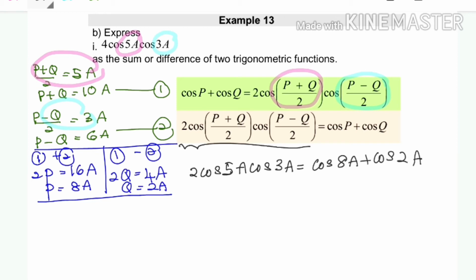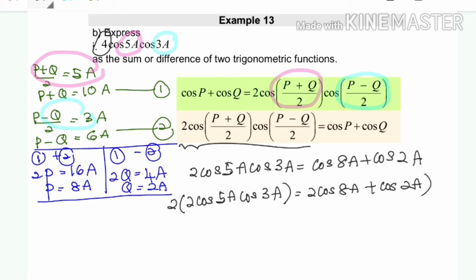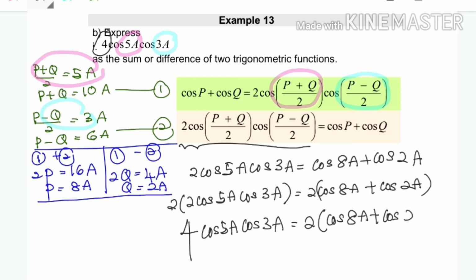The question asks for the coefficient 4, which means we have to multiply by 2 on both sides. Next, 2 times 2 cos 5a cos 3a equals 2 times (cos 8a plus cos 2a). We can say that 2 times 2 equals 4, so 4 cos 5a cos 3a equals 2 times (cos 8a plus cos 2a).